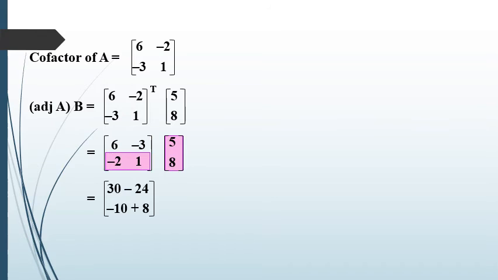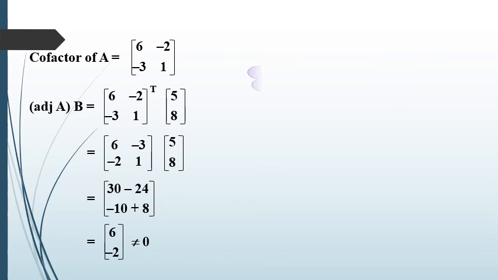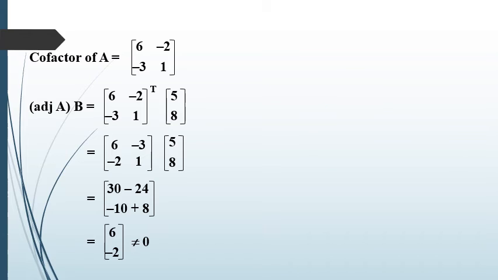So on simplifying we get 6 minus 2, which is not equal to a 0 matrix. So the solution of the given system of equations does not exist. Hence the given system of equations is an inconsistent system.